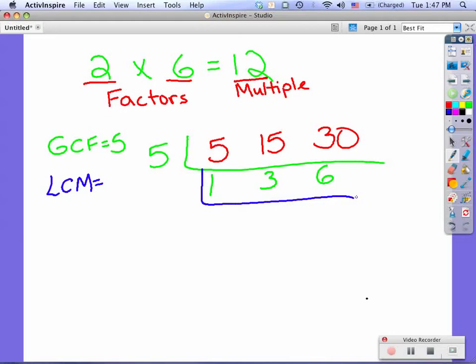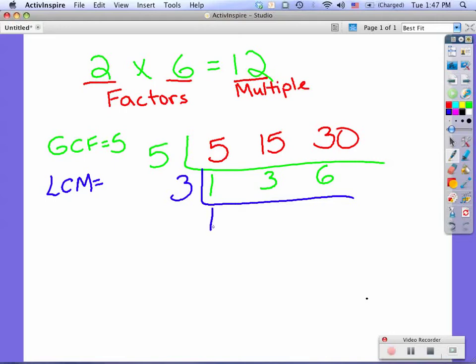And what two numbers have something in common? 3 and 6. What goes into both those numbers? 3. So, does 3 go into 1? No. If it does not go into a number, you just bring the number down.